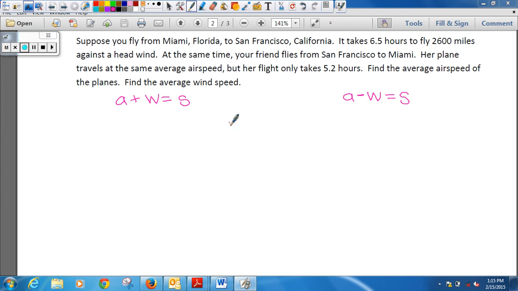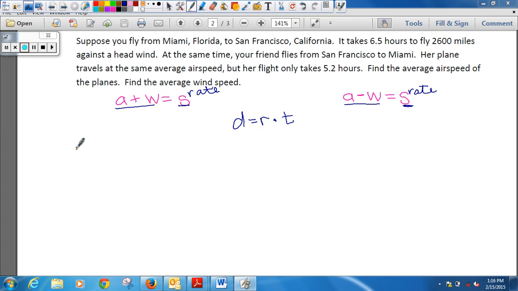So we know from last time that distance is equal to rate times time. Well, speed that we have on both of these, speed is going to be your rate. So for both of our next equations, we will substitute in a minus w or a plus w for your rate, because that is making up your rate.